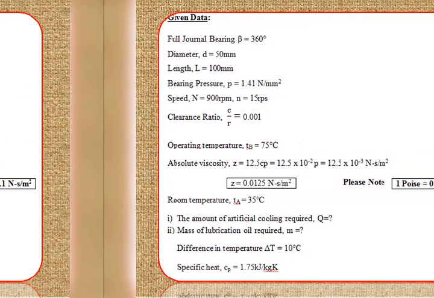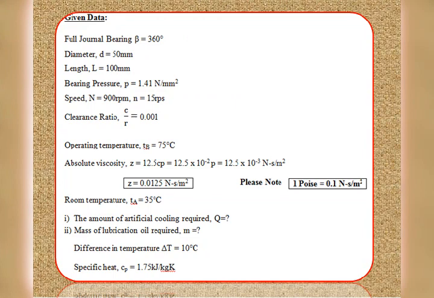The bearing is lubricated with oil having operating temperature of 75 degrees Celsius. So here operating temperature T suffix B he has given. Operating temperature is nothing but bearing temperature, T suffix B, that is equal to 75 degrees Celsius in 12.5 CP. So here he has given absolute viscosity Z is equal to 12.5 CP. CP is nothing but centipoise, that we need to convert into Newton second per meter square.